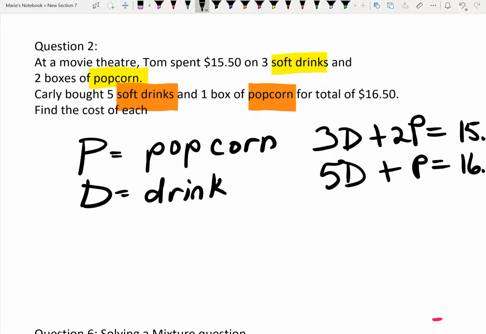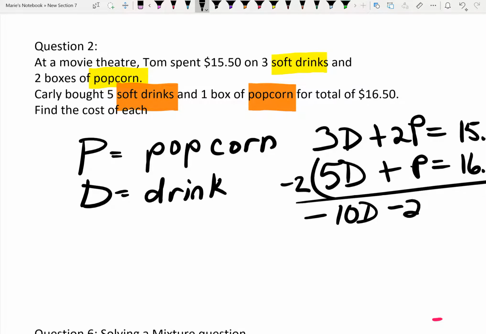Okay, and so what I'm going to do here is I'm going to multiply all of this by -2 instead to build it up and then break it down. So this is going to give me -10D minus 2P equals, this will be 33, because 16.50 times 2 is 33.